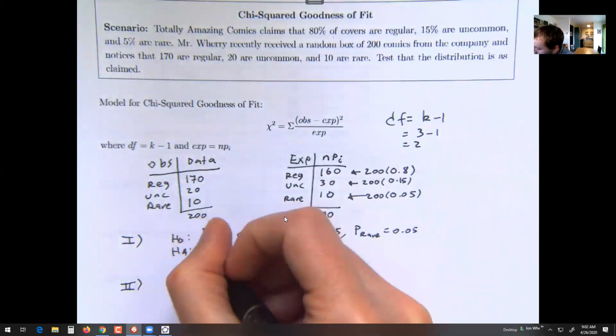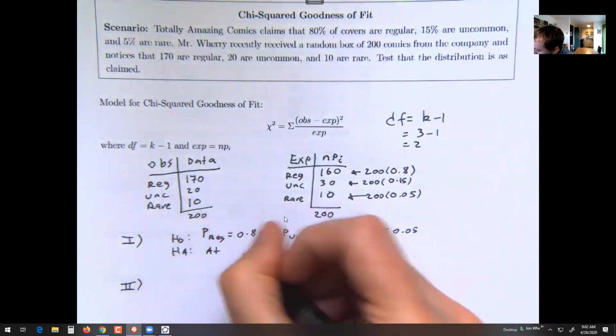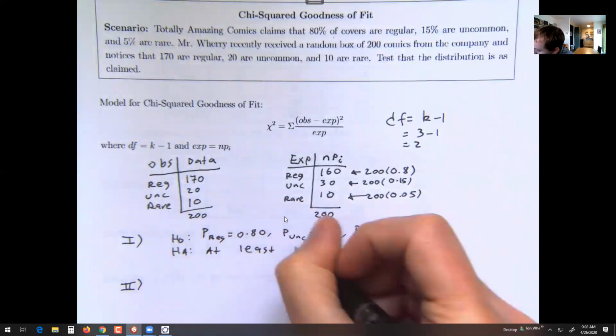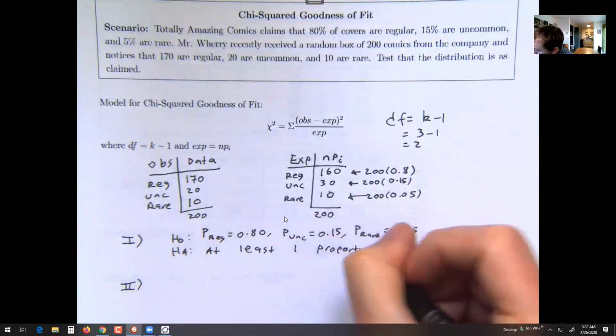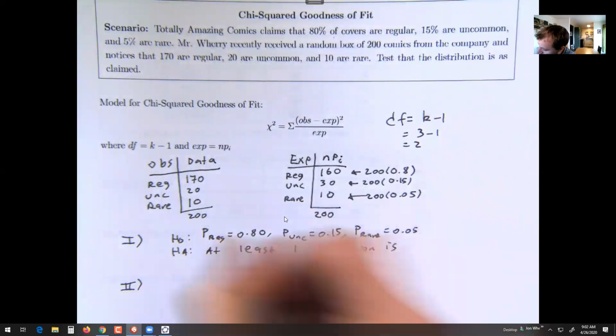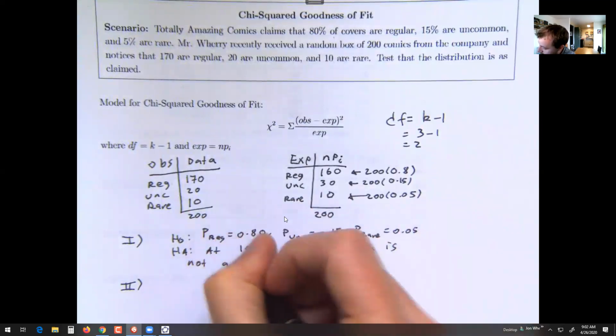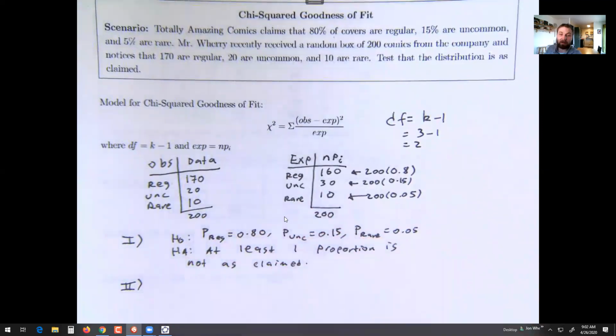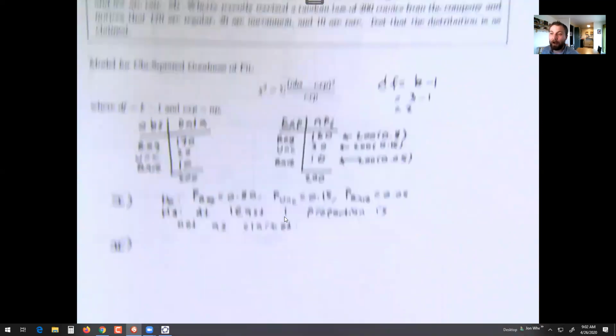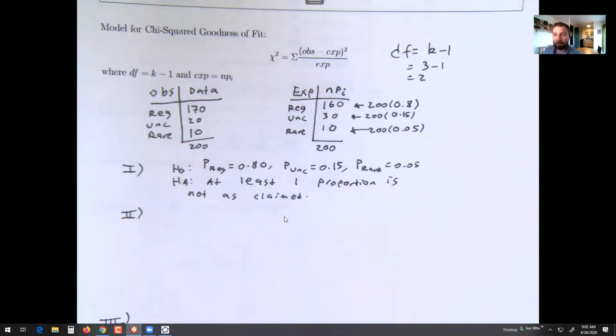The alternative hypothesis is going to be at least one of these proportions is not as claimed. So to make this thing be unfair, I just need to have one category be way off for me to be like, I don't trust this claim because I'm getting way less rare comics than I should be, or whatever the case may actually be for the data.